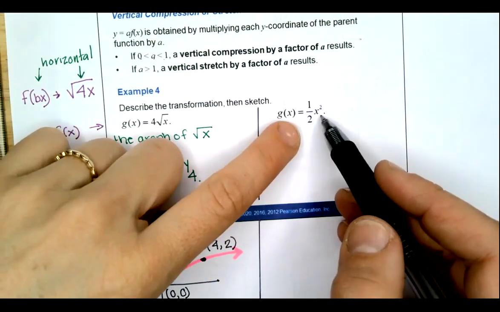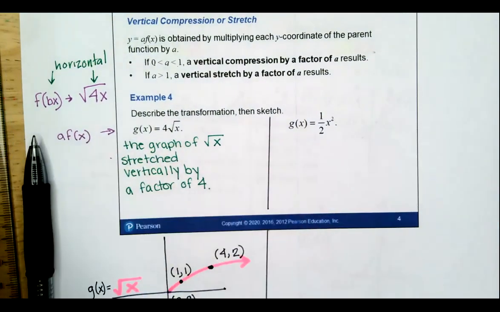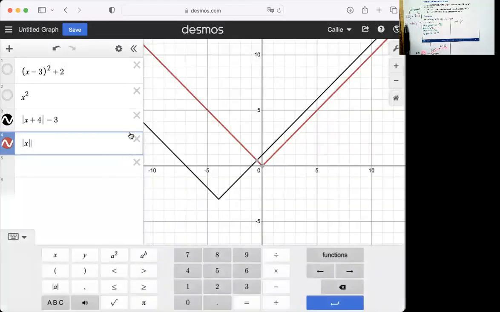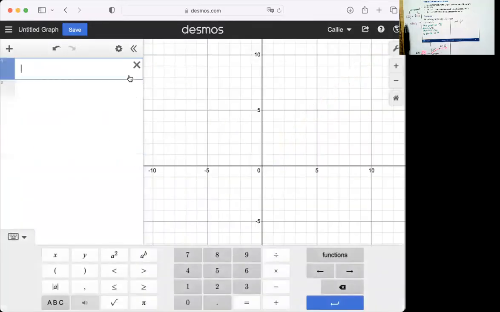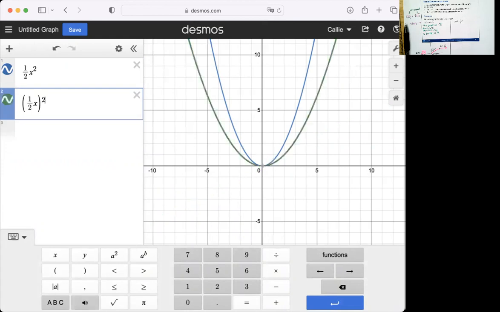The reason you know it's not a horizontal stretch or compression is because there is a difference between 1/2 x squared, where the 1/2 is outside of the parentheses, and 1/2 x squared, where the x is inside the parentheses.